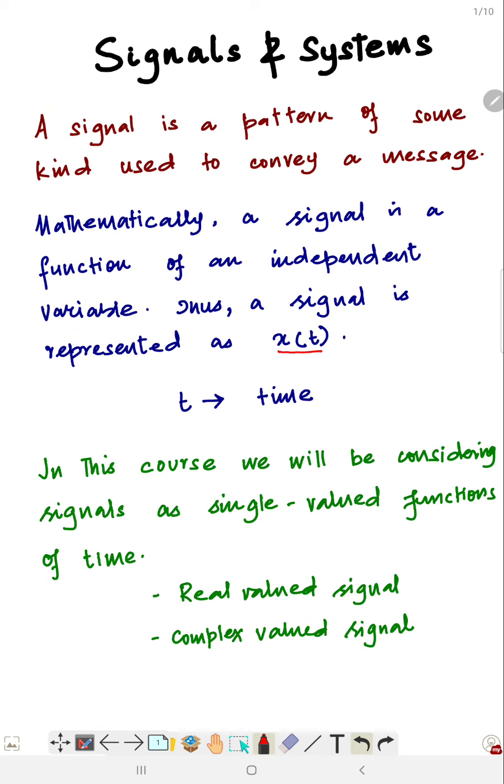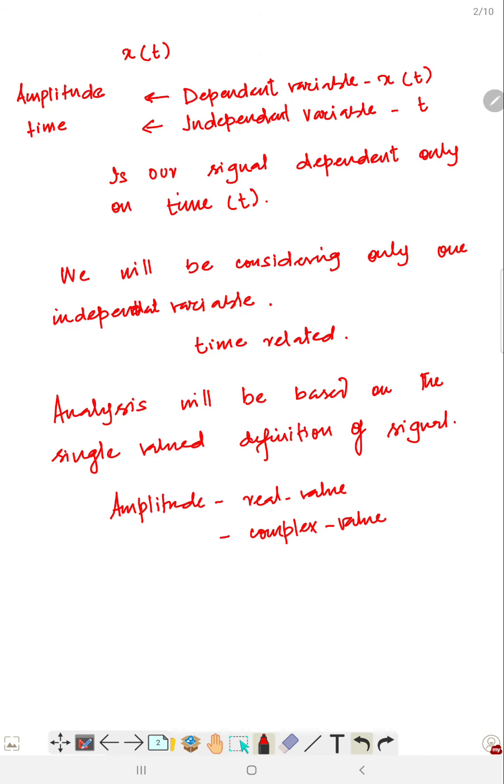But we will also be discussing some complex valued signals wherein the amplitude of the signal is complex, in the form a plus ib. At least from an analysis point of view, we will be encountering those kinds of signals in this course. So this is the definition we will be building on: a signal is a single valued function of time. We have defined the independent variable as time and the dependent variable as amplitude.